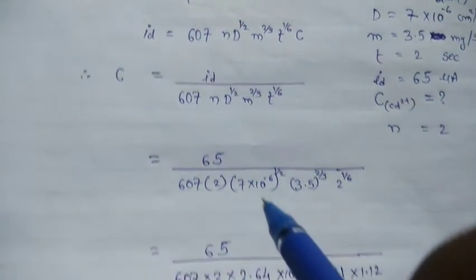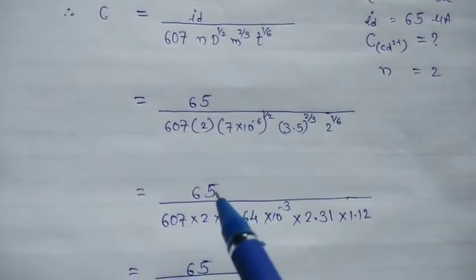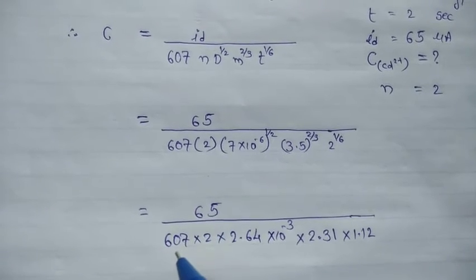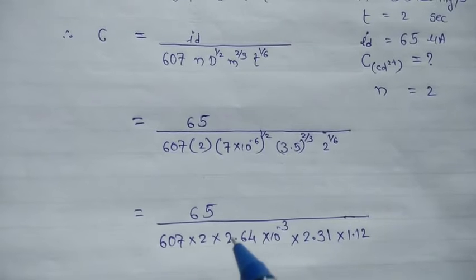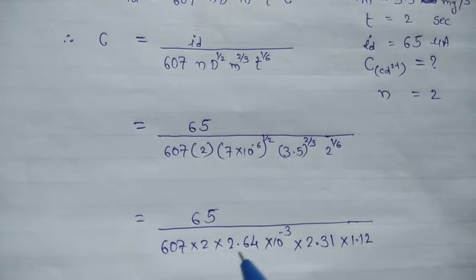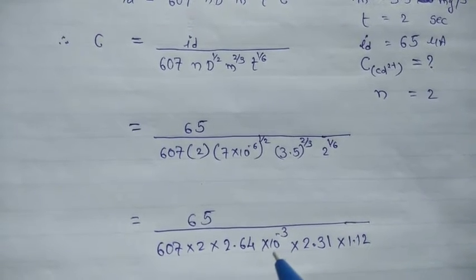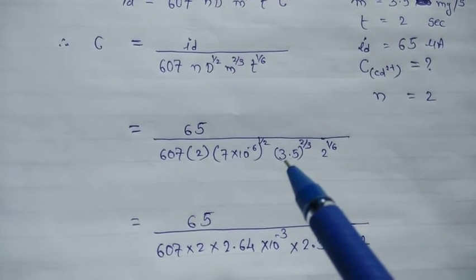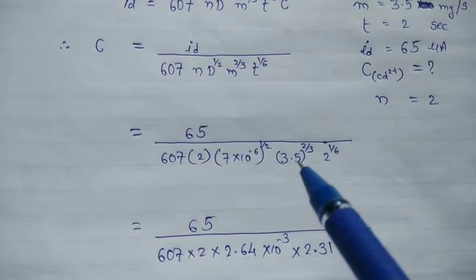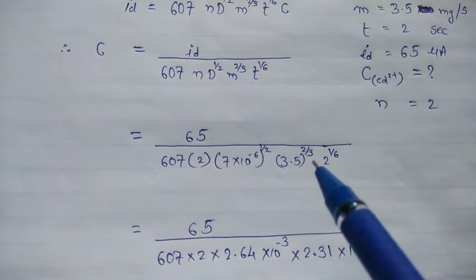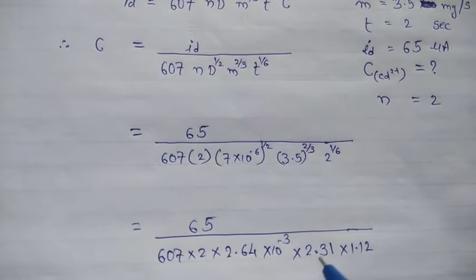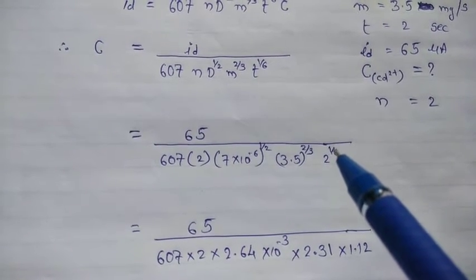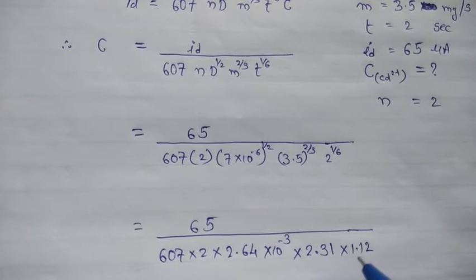all these things. Okay, so after calculating, we will have C equal to 65 upon 607 into 2. Now here the square root of 7 is 2.67 into 10 raised to minus 3. Again the value of 3.5 raised to 2 upon 3 is nothing but 2.31. Finally the 2 raised to 1 upon 6 value is 1.12.